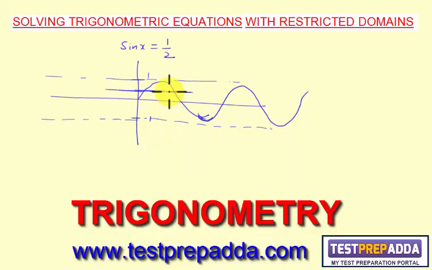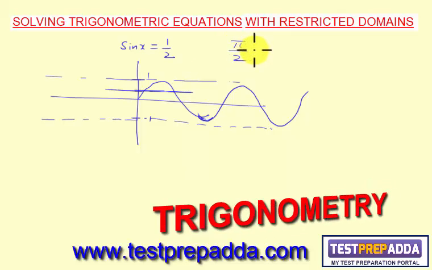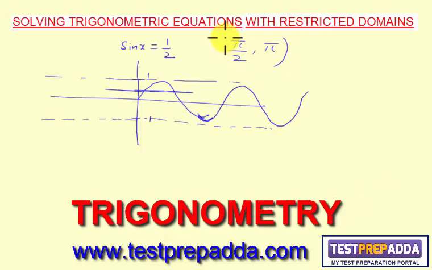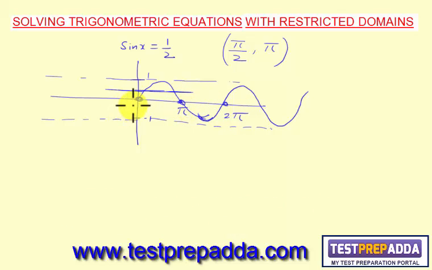Now if I ask you to solve sin x is equal to half in the domain of pi by 2 to pi. So this is 0, this is pi, this is 2 pi. As you see, sin x is equal to half. One is here, that value is pi by 6.